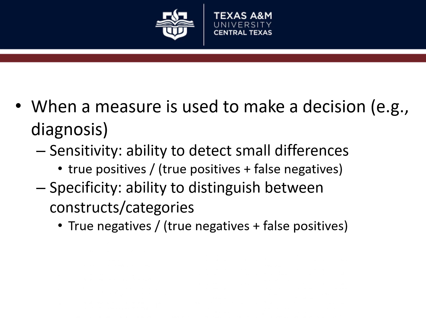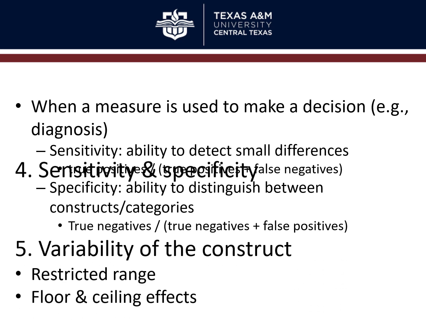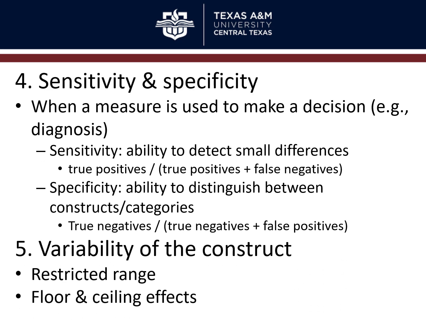There it is. Sensitivity and specificity. When a measure is used to make a decision, for example a diagnosis, this is related to the idea of discriminative validity. I have this measure and I'm trying to determine if you meet criteria for PTSD or bipolar disorder, and I'm making some decision: yes, you have it, no, you don't.